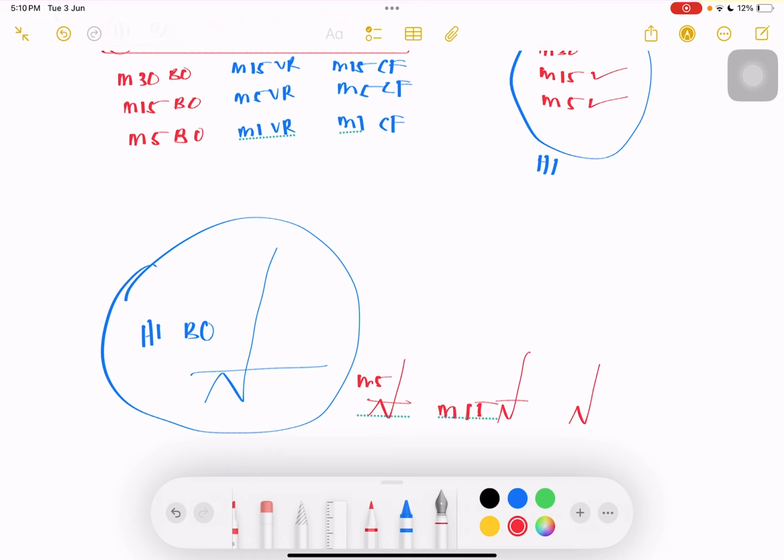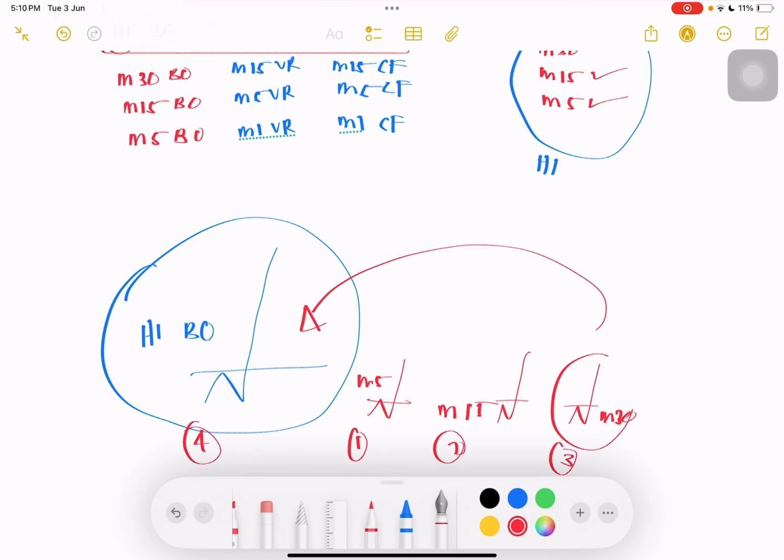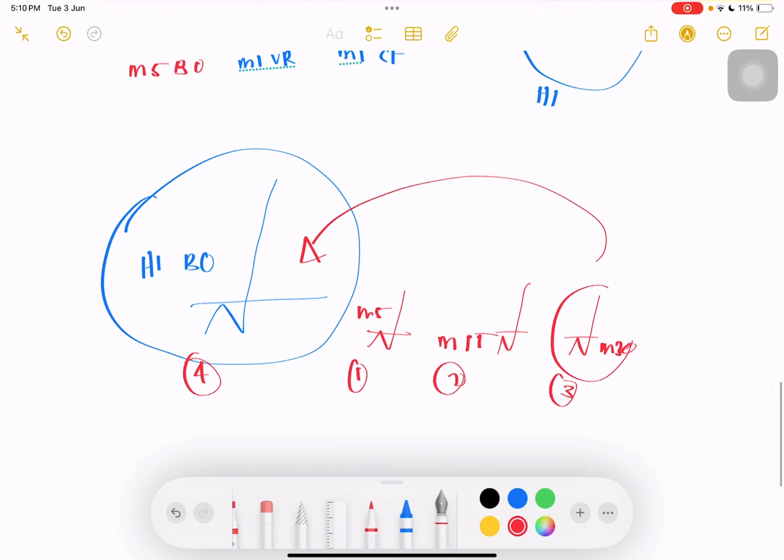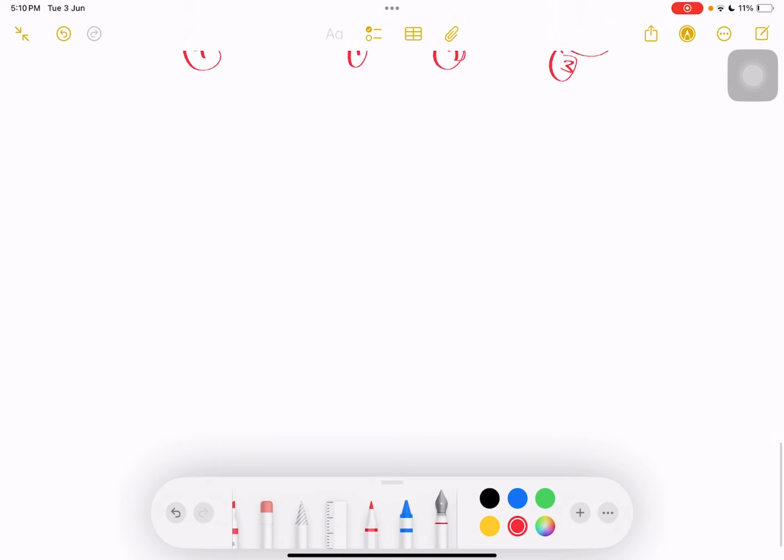After that, M30 BO buy. After M30, then H1 is formed. So M5 forms first, and then M15, and then M30. After that, H4 BO buy is complete.